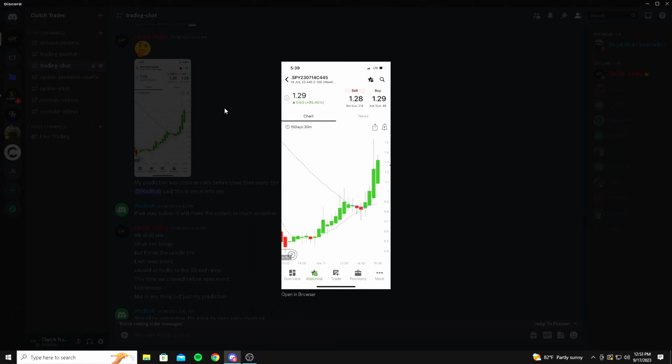The 10 SMA right here crossed above the 50, and the 50 SMA is starting to curl. Initially, that 50 SMA was probably pointing down, and then it started to flatten, and as you can see, it's starting to curl up now. It's starting to make that V shape. So in that case, this is a valid trade to swing long positions.